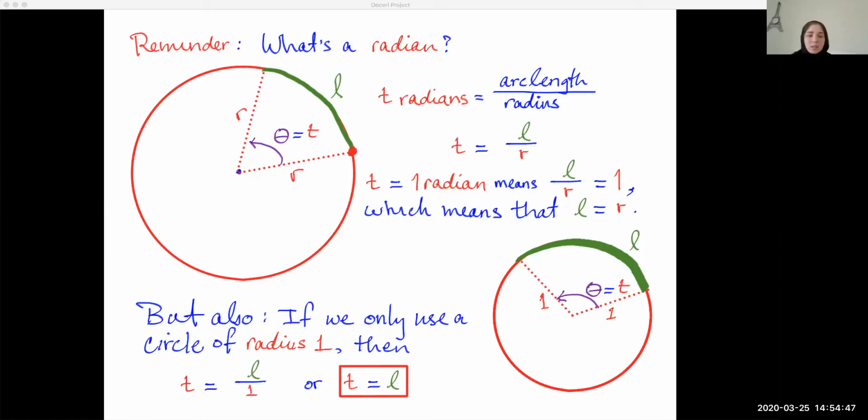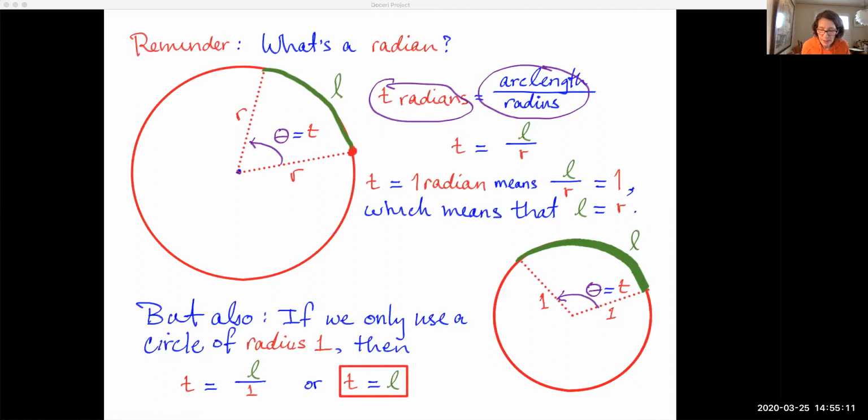The very last part where you said, but also if we only use a circle, I didn't really understand this part. So can you explain it again, please? Okay, so if you look up above that, I'm going to circle something while I'm talking about it. If you look up above, we said that the measure of the angle, t radians, is this ratio. It's the length of the green piece of circle divided by the radius r.